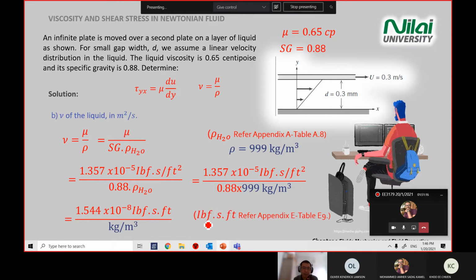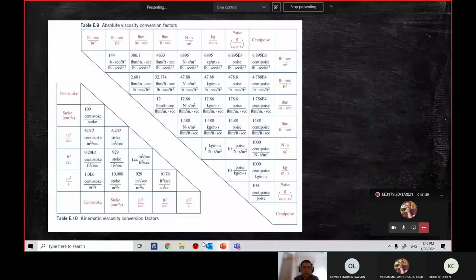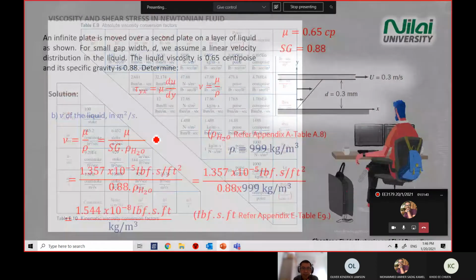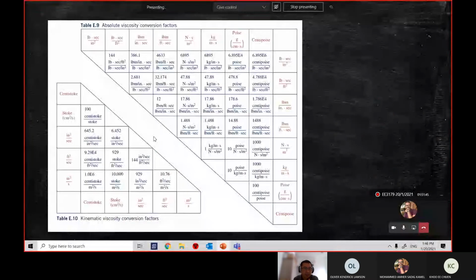Go back to table E, Appendix E, table 9 that we saw just now, just below table 8. So flip to Appendix E, look for table E9. Table E9 will tell you it's kinematic, because section B is referring to kinematic viscosity. So it's quite straightforward.